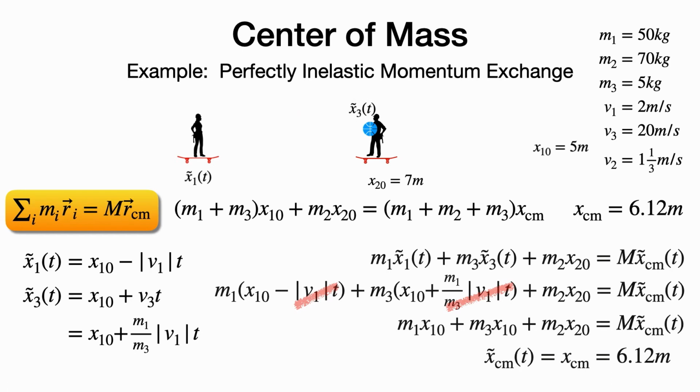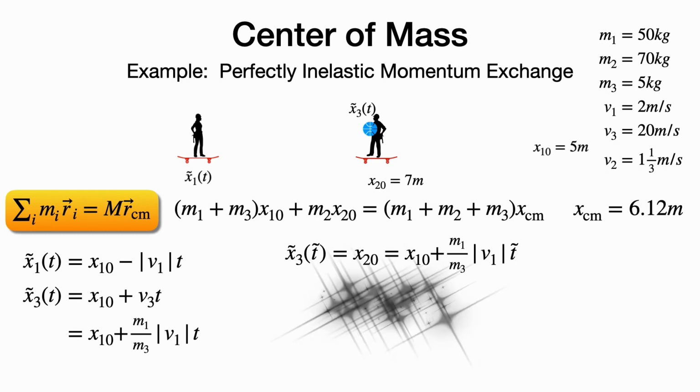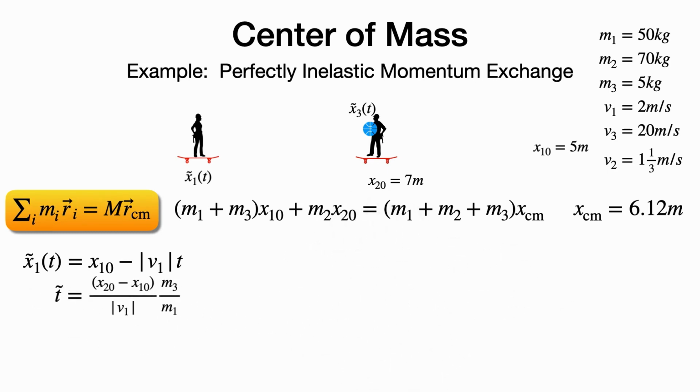Now, after a certain amount of time has passed, the ball is going to reach the person with mass m2. That amount of time, let's call it t tilde, can be determined by saying that t tilde is the time at which the position of the ball, x3 of t tilde, is equal to the initial position of the person, x2 naught. So solving this for t tilde, we get an expression that we can use to express the position of the person catching the ball for times after the ball has been caught.